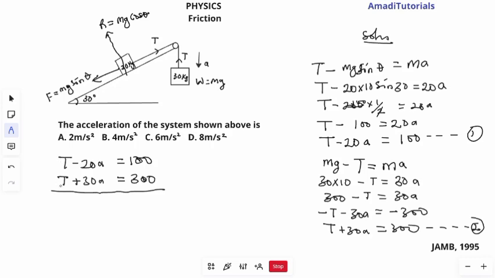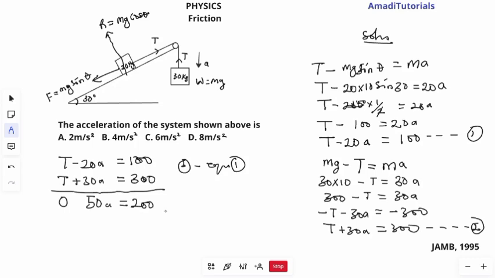So which one is greater? Okay, I'll do equation 2 minus equation 1. So T minus T will be 0, and then 30 minus 20 will give us positive 50A, equals 300 minus 100, which will give us 200.